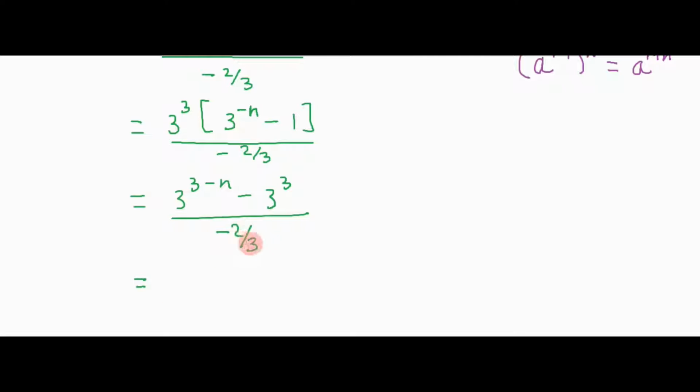Now we are dividing by a fraction, so we can multiply by the inverse of it. So basically the numerator multiplied by the inverse of negative 2/3, in other words negative 3 over 2.